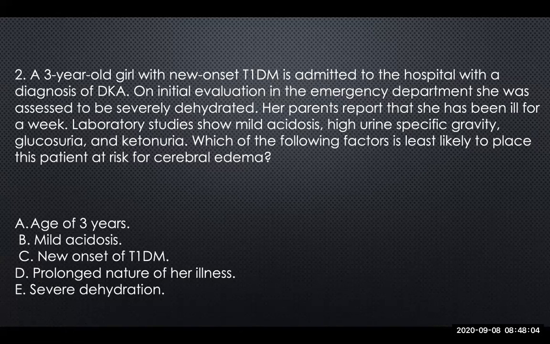Laboratory studies show mild acidosis, high urine specific gravity, glucosuria, and ketonuria. Which of the following factors is least likely to place this patient at risk of cerebral edema? Age of 3 years, mild acidosis, new onset type 1 diabetes mellitus, prolonged nature of her illness, severe dehydration.